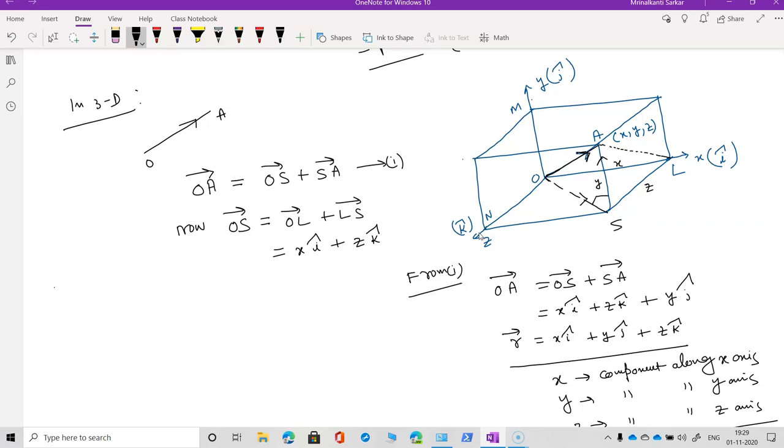So in triangle OAS, OA square equal to OL square plus LS square.